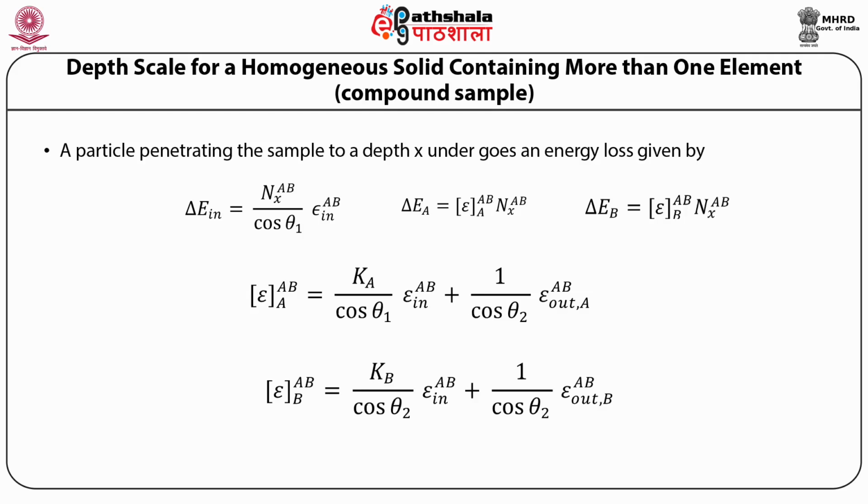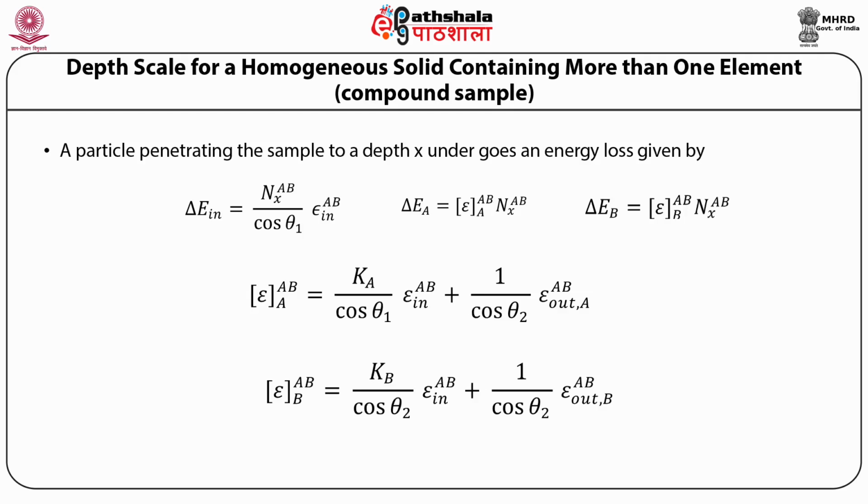First, as the probing particles penetrate the film, they lose energy as a result of interactions with more than one element. Consequently, the stopping cross-section depends on the composition of the sample.